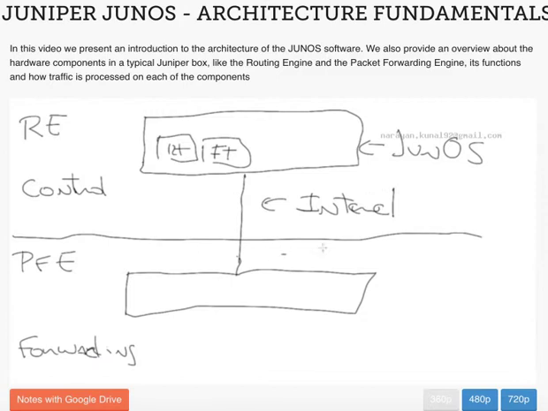So in higher end devices, the PFEs have something called ASICs, which are specially built chips that handle very specific functions to be able to move traffic as fast as possible, to be able to fulfill wire rate. So, for example, the PFEs typically are able to handle things like quality of service markings, stateless firewalling, and policers without state.